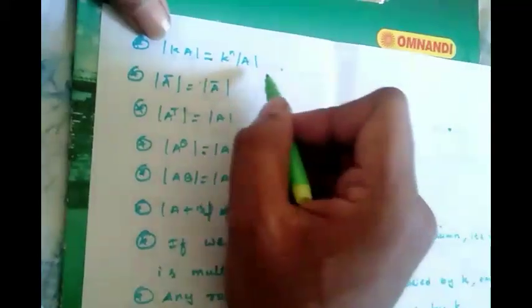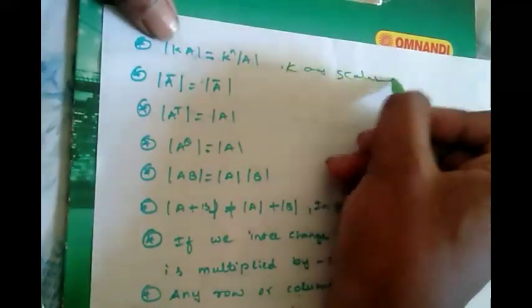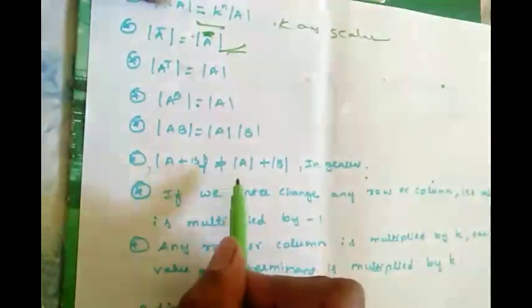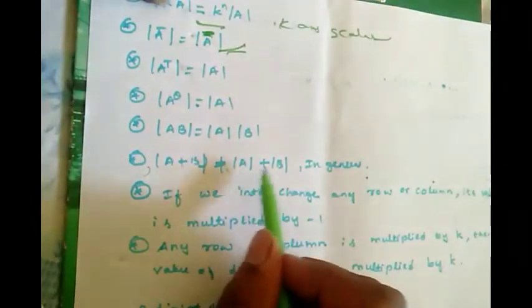Then some results of determinants: determinant of kA is equal to k power n into determinant of A, where k is any scalar. The next property is determinant of A transpose is equal to determinant of A, and determinant of A inverse is equal to 1 by determinant of A, and determinant of AB is equal to determinant of A into determinant of B, and determinant of A plus B is not equal to determinant of A plus determinant of B in general.